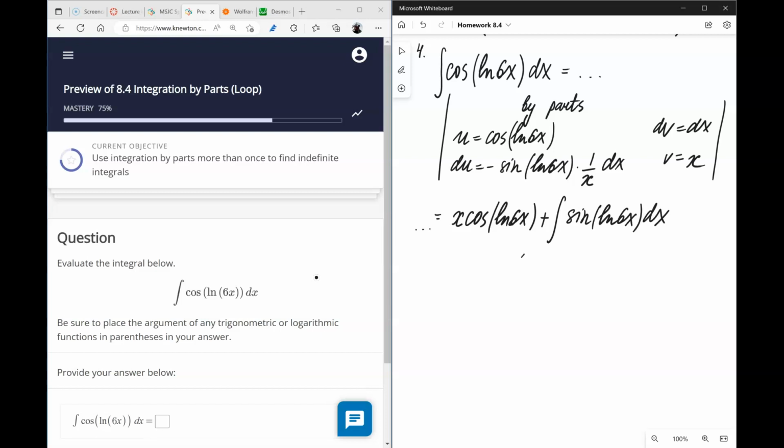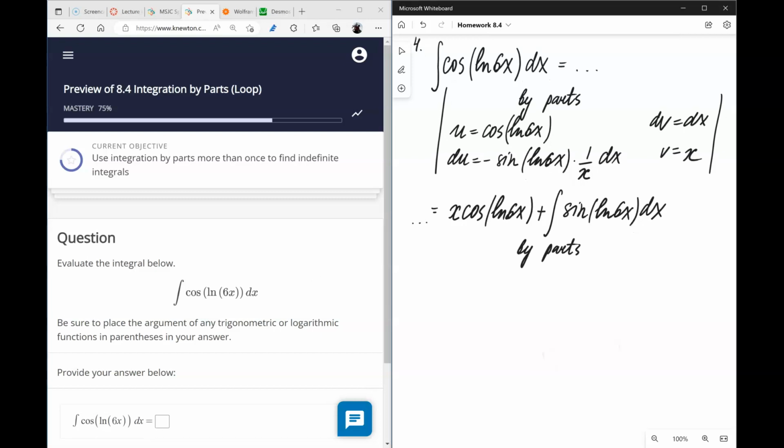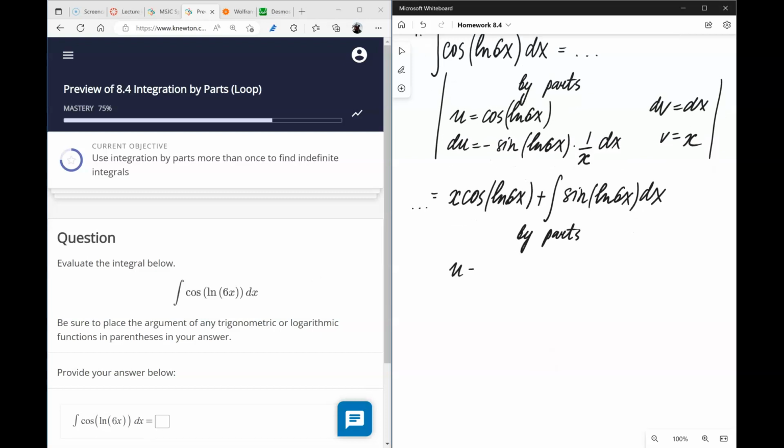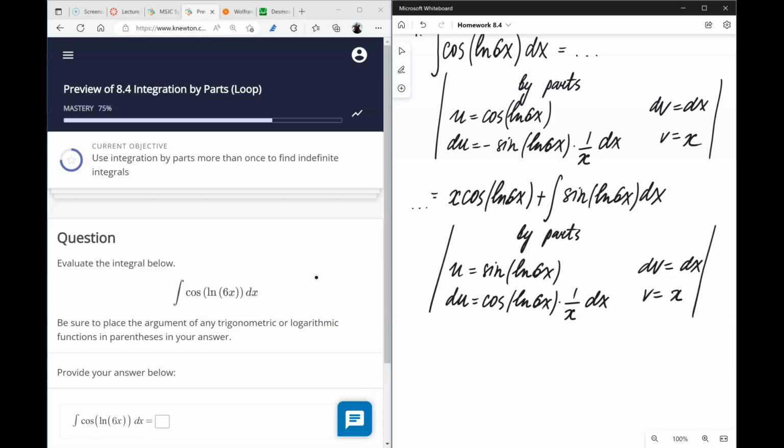So we're going to set it up again by parts. But this time my u is equal to sine of ln of 6x, du is equal to cosine of ln of 6x times 1 over x dx. dv is dx, v is x, and now we continue writing out the solution.